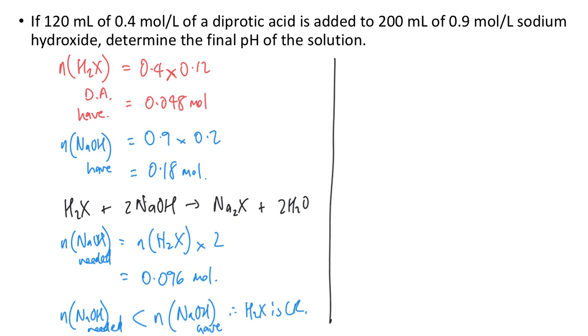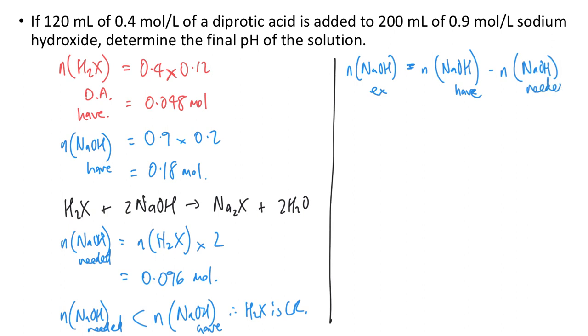All right, so the number of moles of NaOH in excess will be equal to the number of moles of NaOH that you started with, subtract the number of moles of NaOH which was effectively needed, consumed or neutralized, whatever you want to use, which will be equal to 0.18 subtract 0.096, which happens to be 0.084 moles.